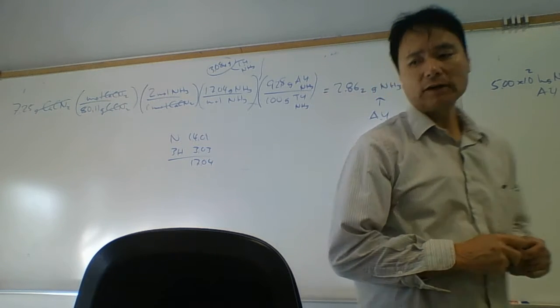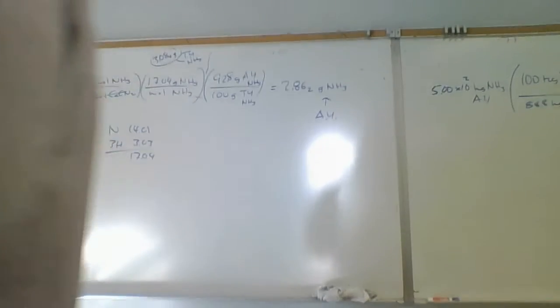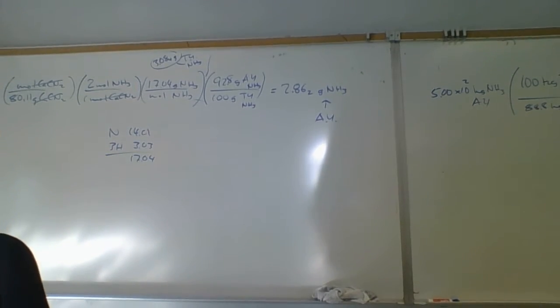And so if I want 500 kilograms, I have to plan on making a lot more because I'm going to lose 11.2%. And so how much? So 500 times 100 divided by 88.8.